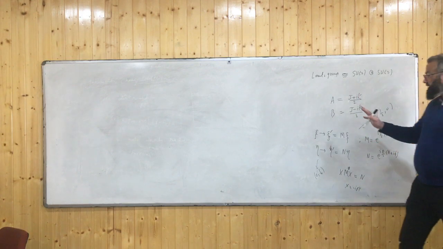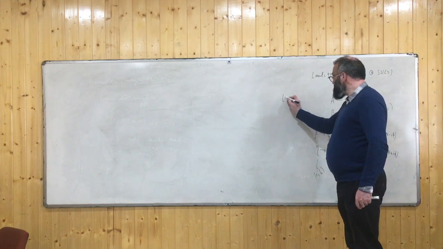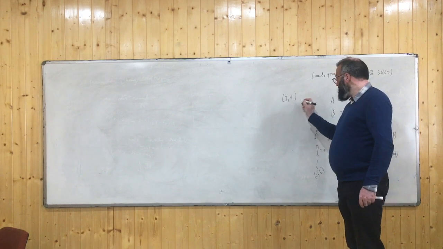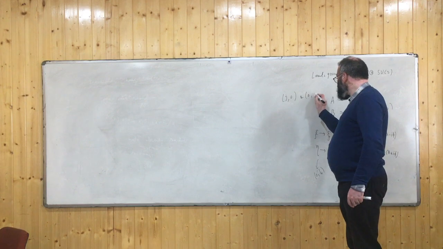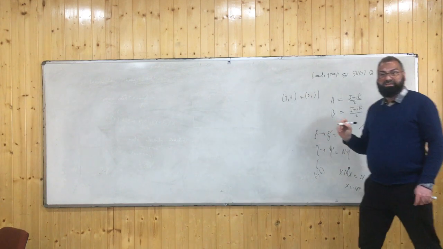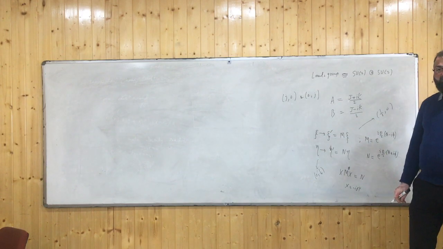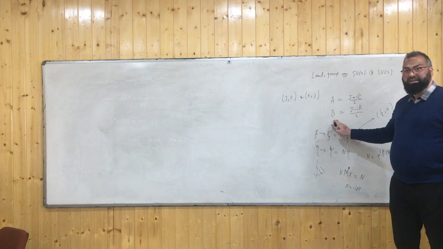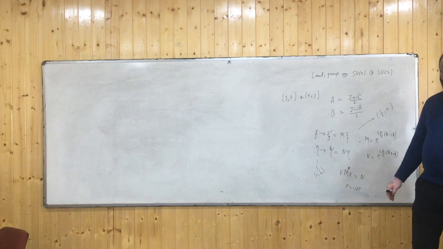In other words, we identified these 2 spinors, (J, 0), where J is the angular momentum of the particle, and (0, J). Clear? So these are the 2 types of spinors we are having at hand. (J, 0) belongs to this A and (0, J) belongs to this B.